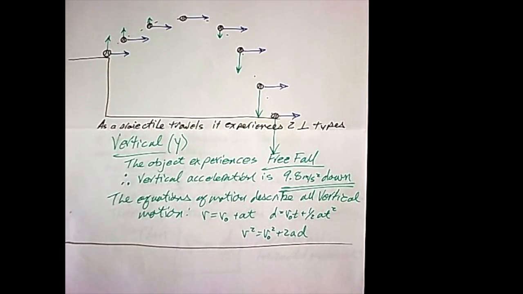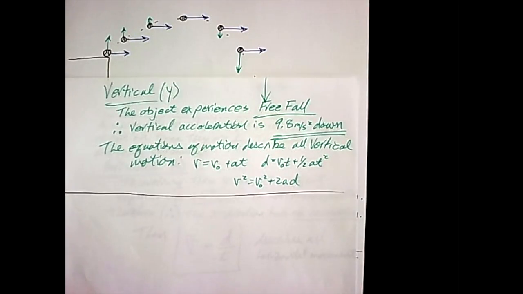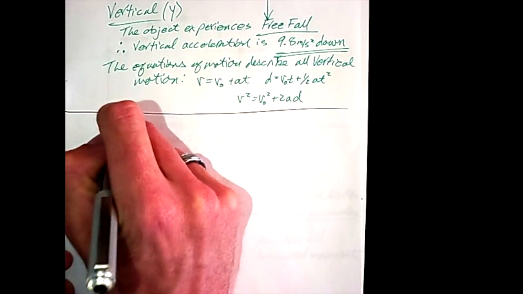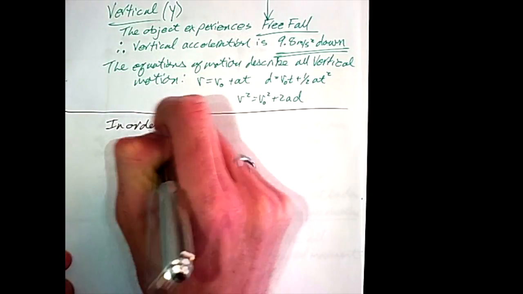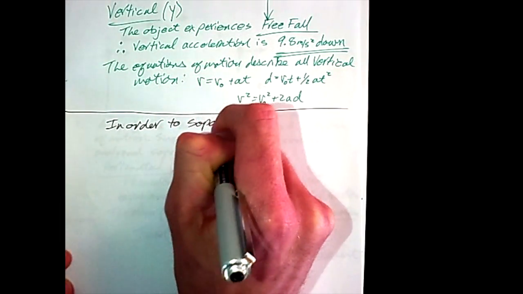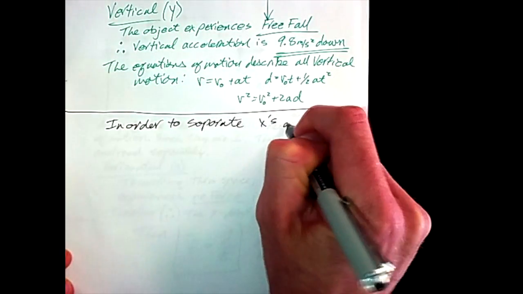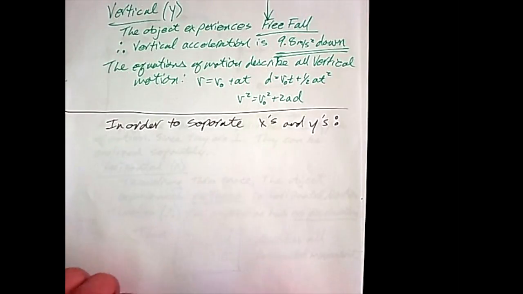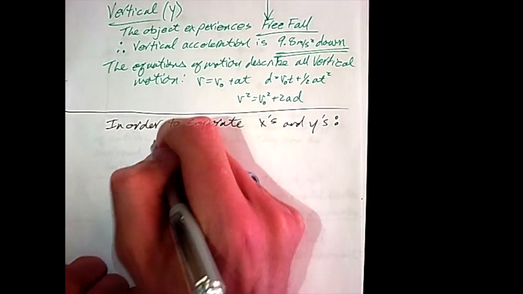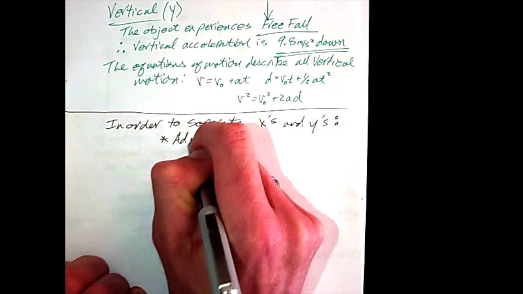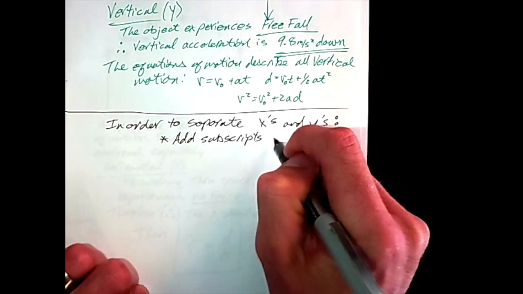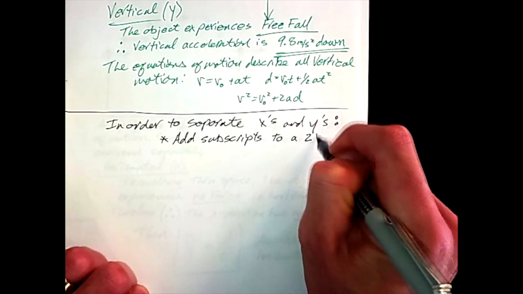And so we're going to do that by changing our notation. So in order to separate x's and y's, the vertical and horizontal movements, we are going to add subscripts to a 2D FOR.